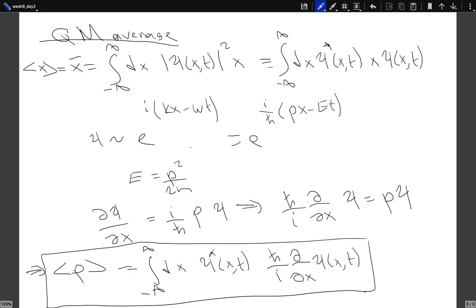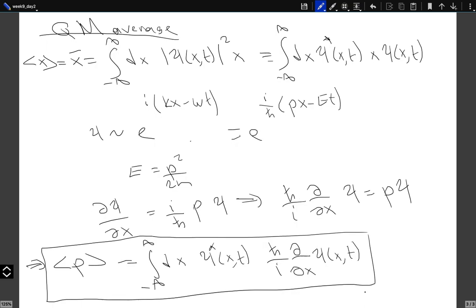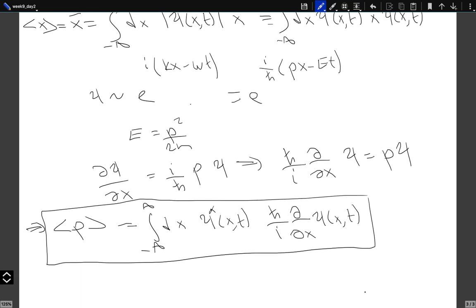This is how we define the average of momentum. Well, once you learn Fourier series, Fourier theorem, Fourier integrals, you can actually prove that this is so. But for the time being, let me just leave it here.